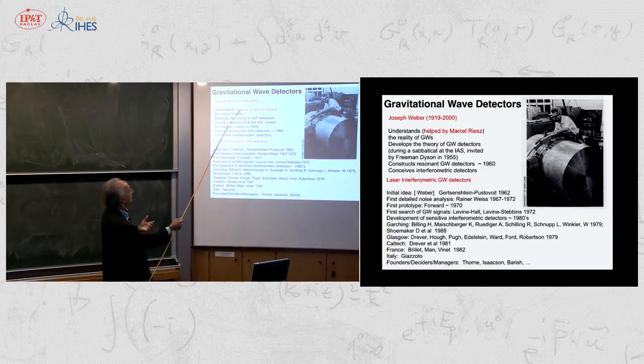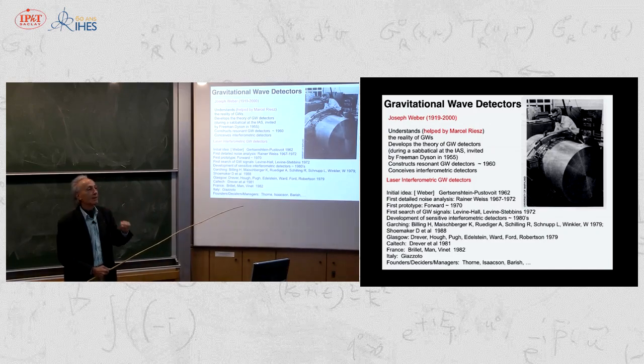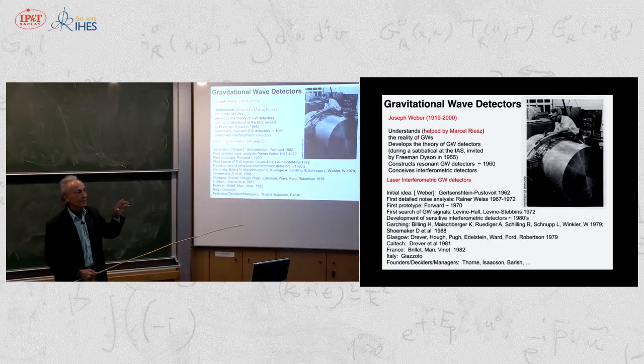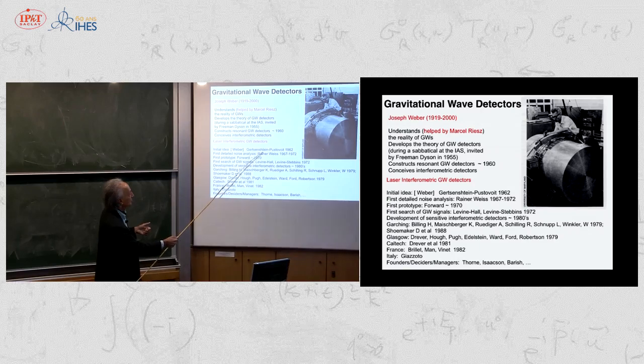He constructed detectors. And then after the original mechanical detectors, people developed, starting with two Russian people, Gertsenshtein and Pustovoit, the idea of using an interferometer to measure more precisely, to detect gravitational waves. Then many people contributed all over the world.